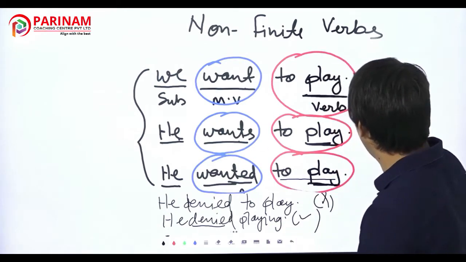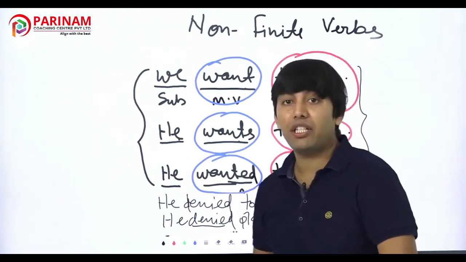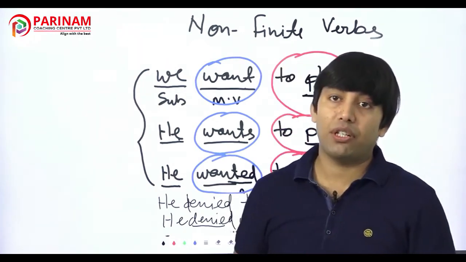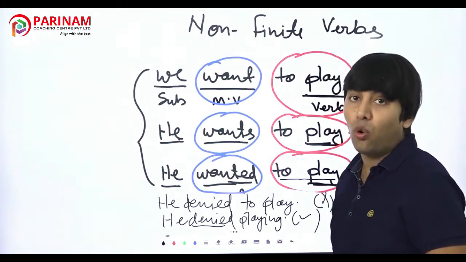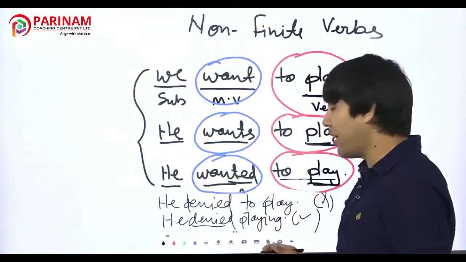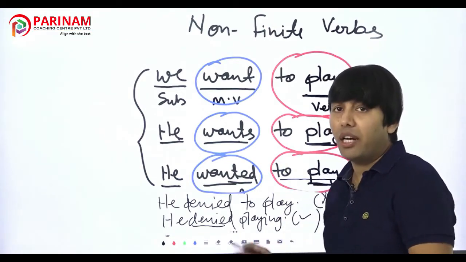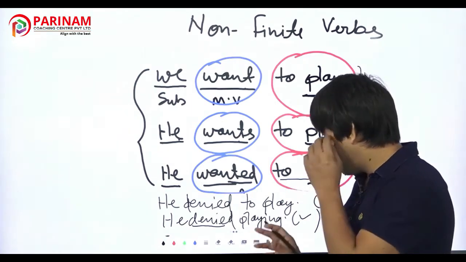As you can see in these 3 examples, I have written 2 plus v1 and here I have written ing. Then there must be a question in your mind that then how can we know where to use 2 plus v1 and where to use ing form? Yes, that I will tell you. Where to use 2 plus v1 and where to use ing form.